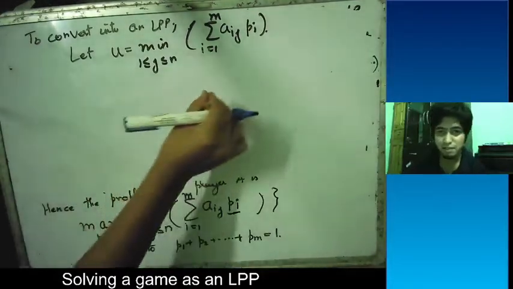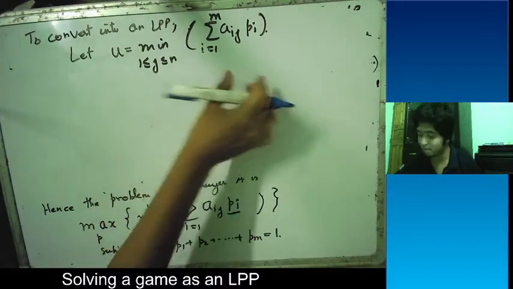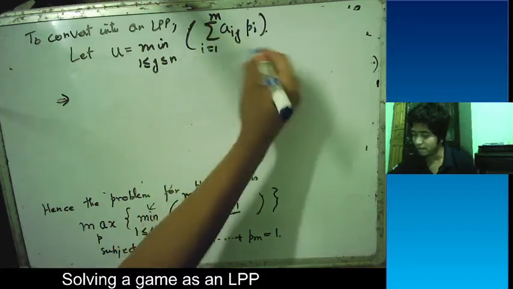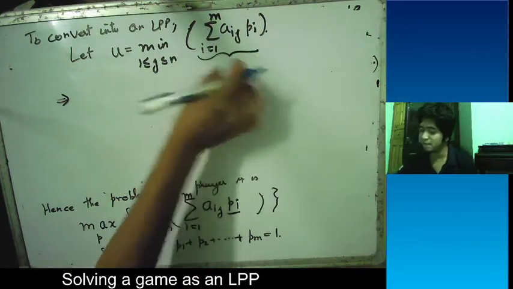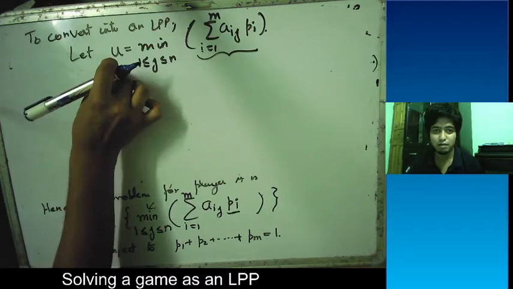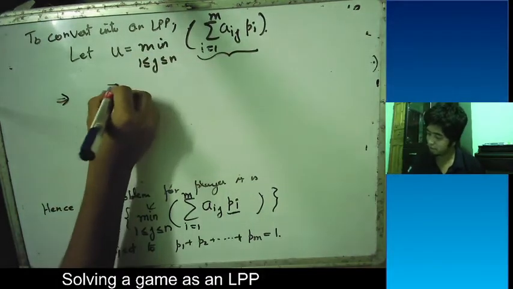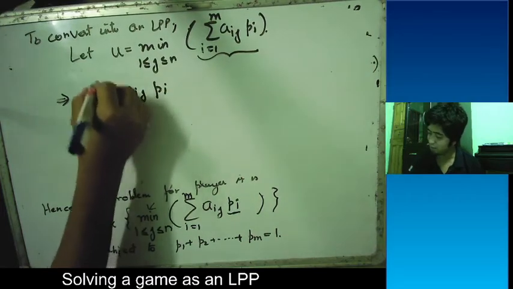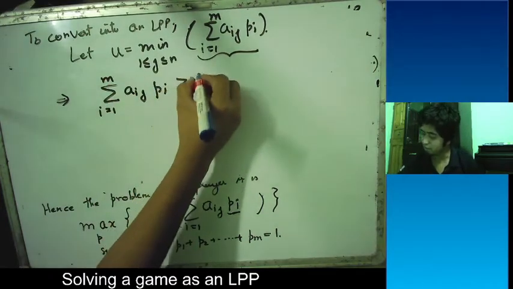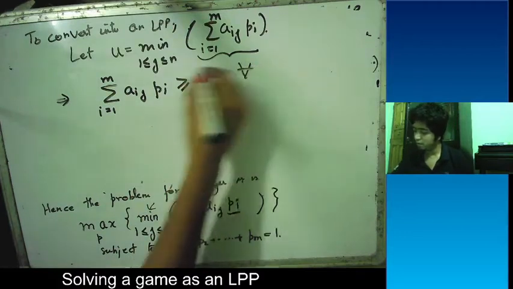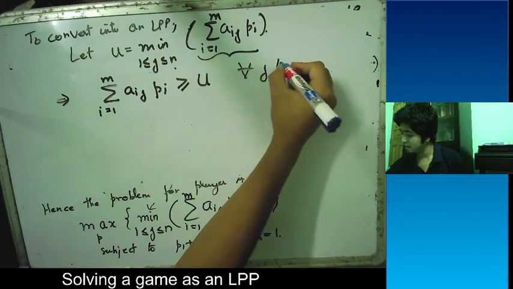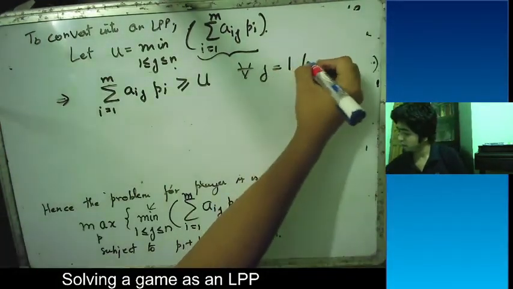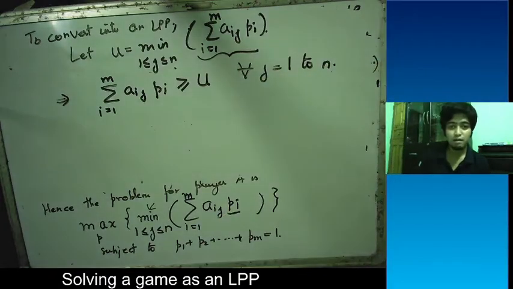Since u is the minimum of all these values, these values will be greater than or equal to u. So we can say that the sum over i equal 1 up to m of a_ij p_i is greater or equal to u, for all j equal 1 up to n.